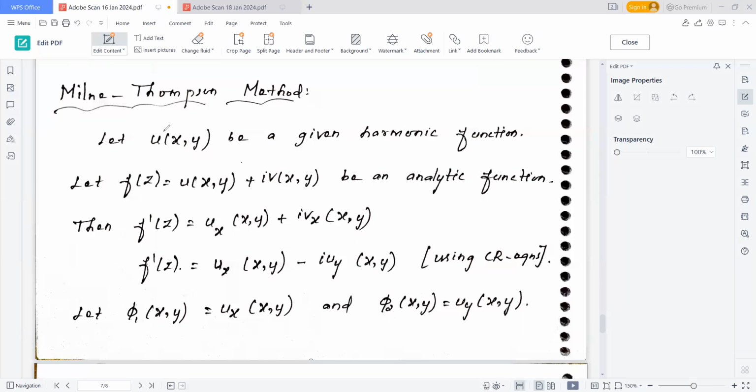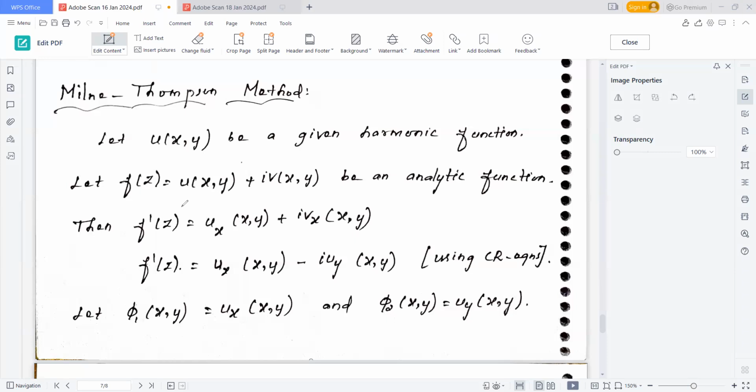The given function, the real part or imaginary part, must first be a harmonic function. And then let f of z is equal to u of x comma y plus i into v of x comma y be an analytic function. This is the function we are going to find.